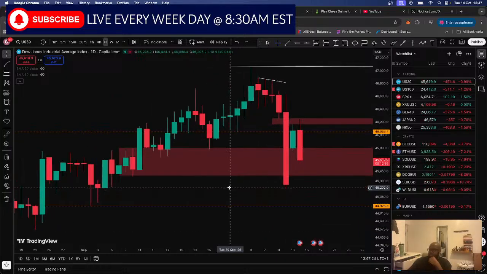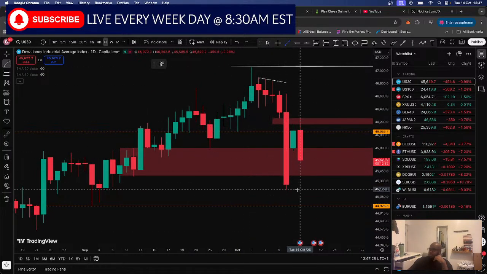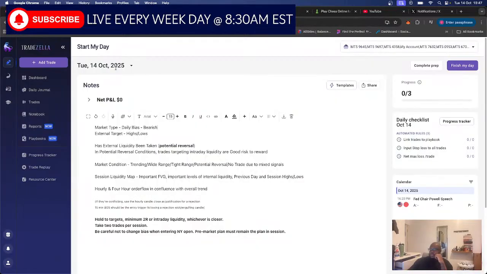And with that, I'm going to be targeting our external lows, which is right down here. Targeting our external lows.